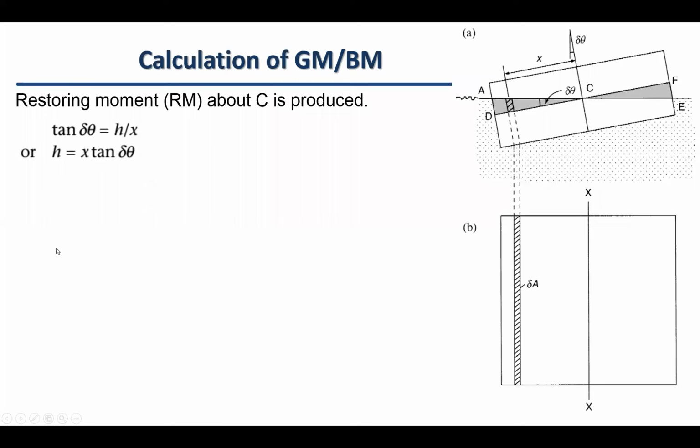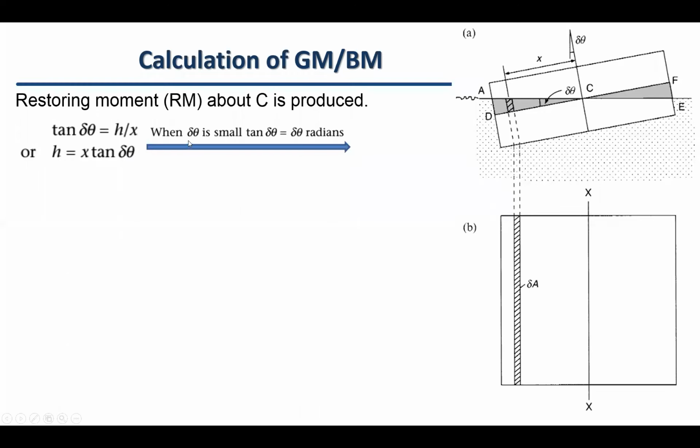Okay, let's start. In this triangle ADC, we can write tangent delta theta is equal to h, the height of this, over x, the opposite over the adjacent. If we rearrange this formula, we can write h is equal to x tangent delta theta.